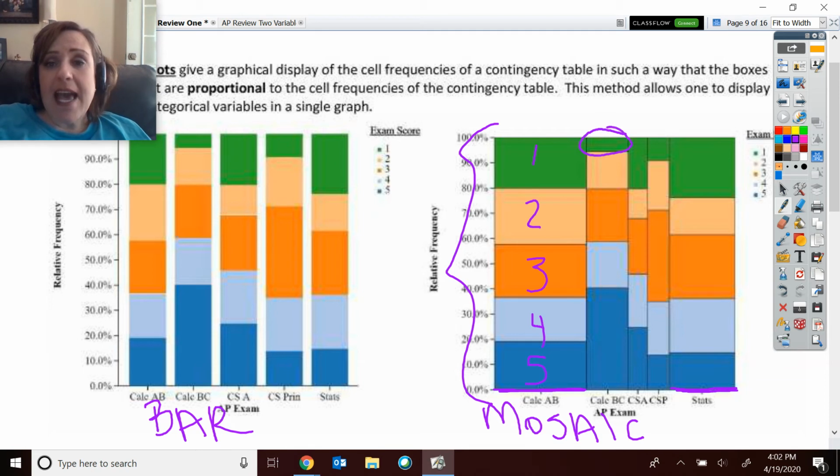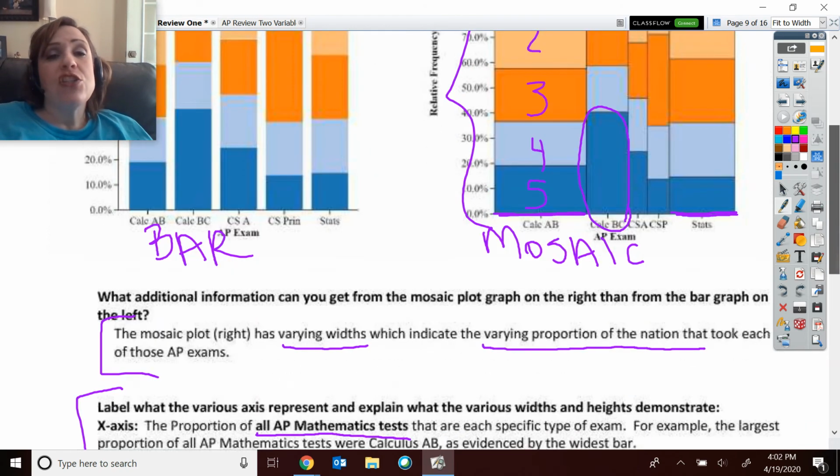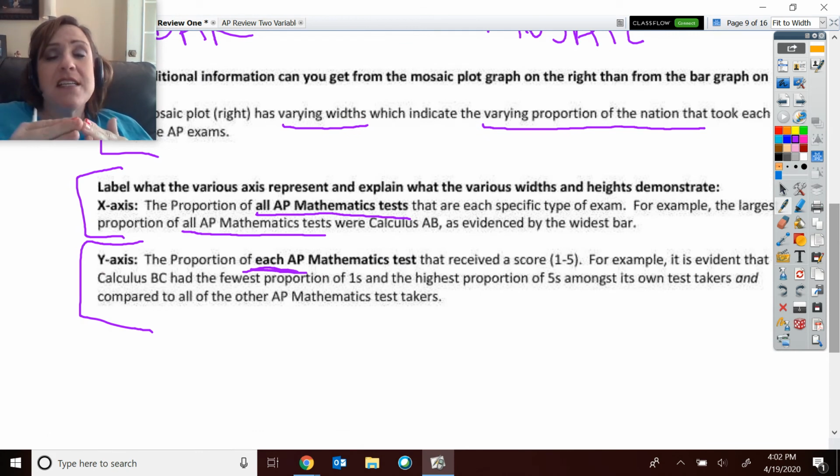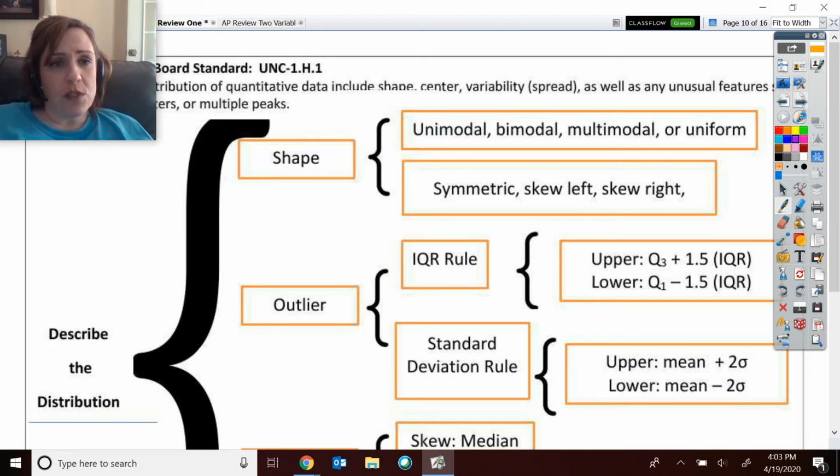Calc BC had a much lower proportion of 1s than 5s. Calc BC was the test that had the highest proportion of 5s. Okay, so that y-axis is telling us specifically amongst each test what distribution is happening. Okay, so that's the benefit to those.